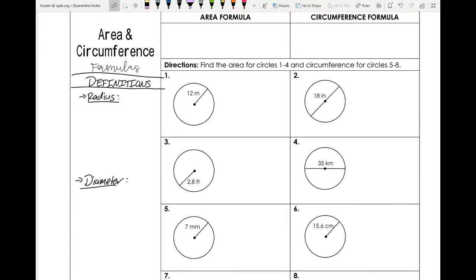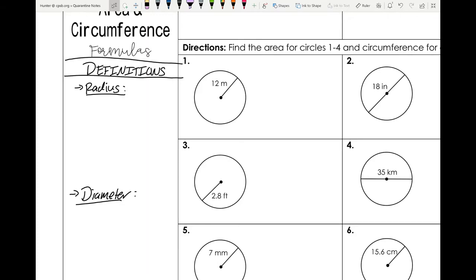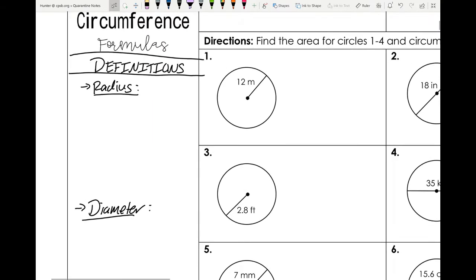Our first definition is for the radius of a circle, and the definition is it is a segment with endpoints at the center and on the circle.